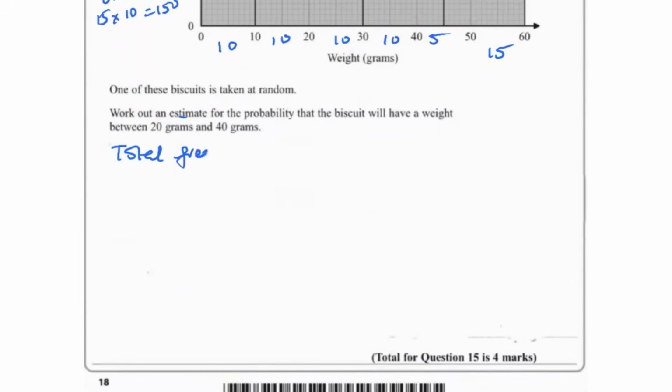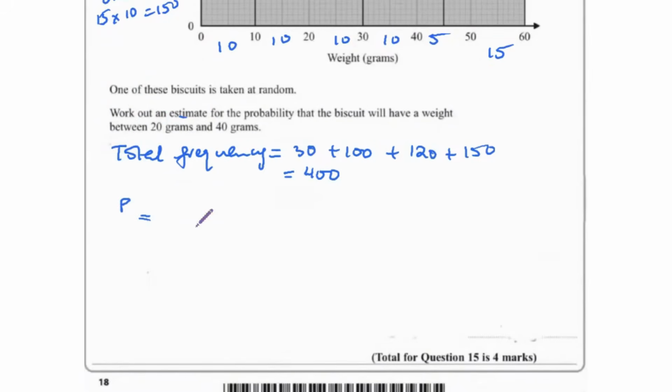Total frequency. That's going to be 30 plus 100 plus 120 plus 150. That gives us 400.